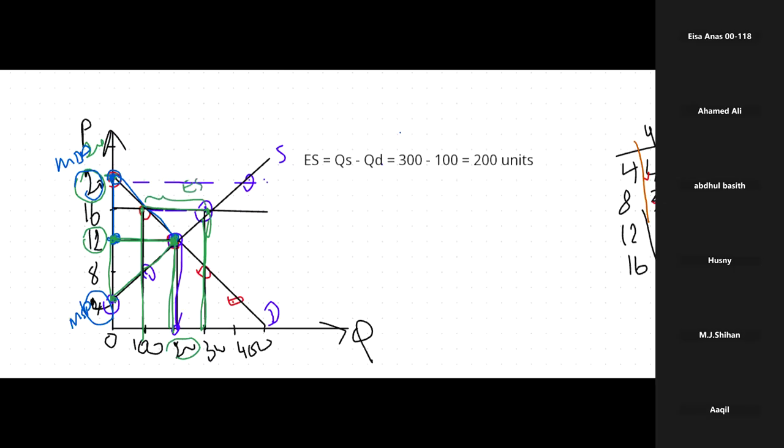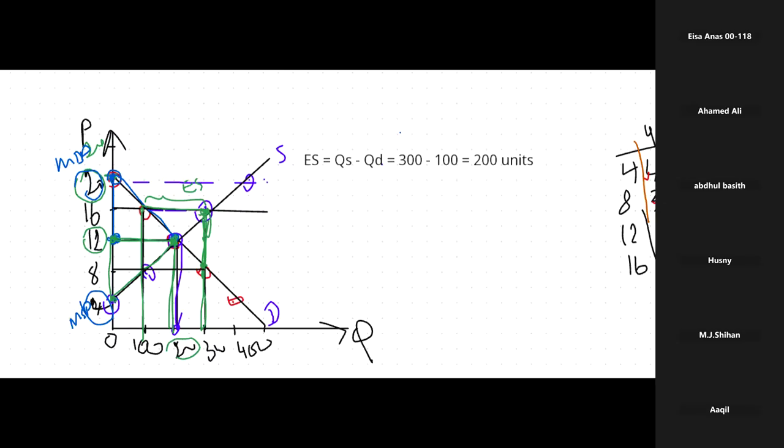To calculate the price drop in the excess supply, you just go to the right side here. Wherever the line cuts the demand curve, that is the market price.